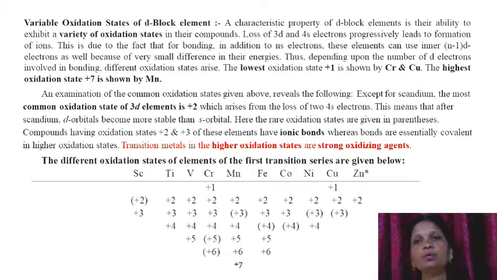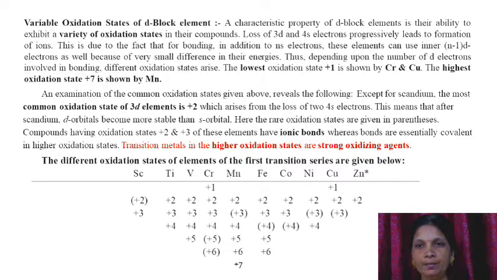Thus, depending upon the number of d electrons involved in bonding, different oxidation states arise. The lowest oxidation state +1 is shown by Cr and Cu. Chromium and copper show the lowest oxidation state, that is +1, and the highest oxidation state shown is +7, which is shown by Mn. An examination of the common oxidation states given above reveals the following points.